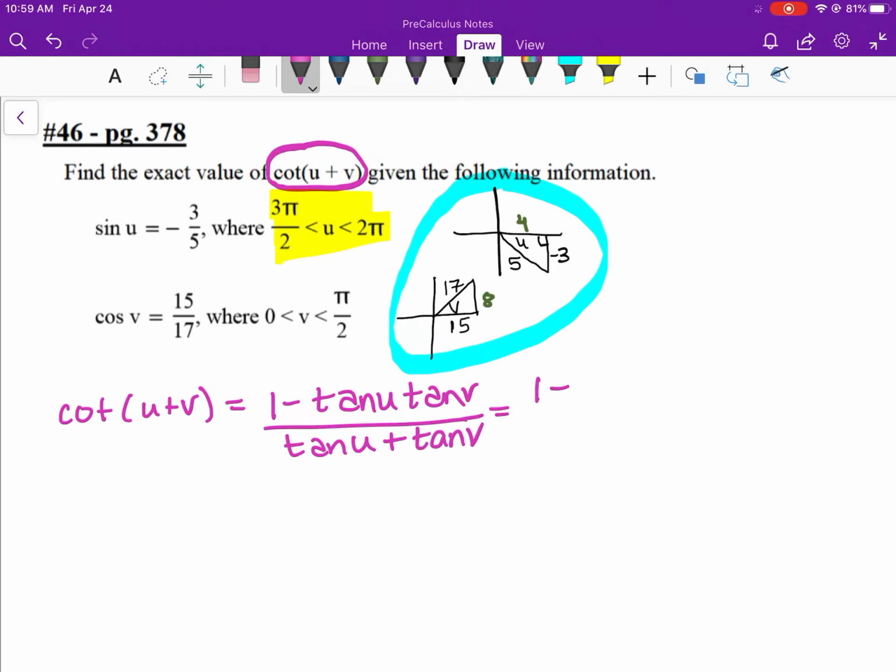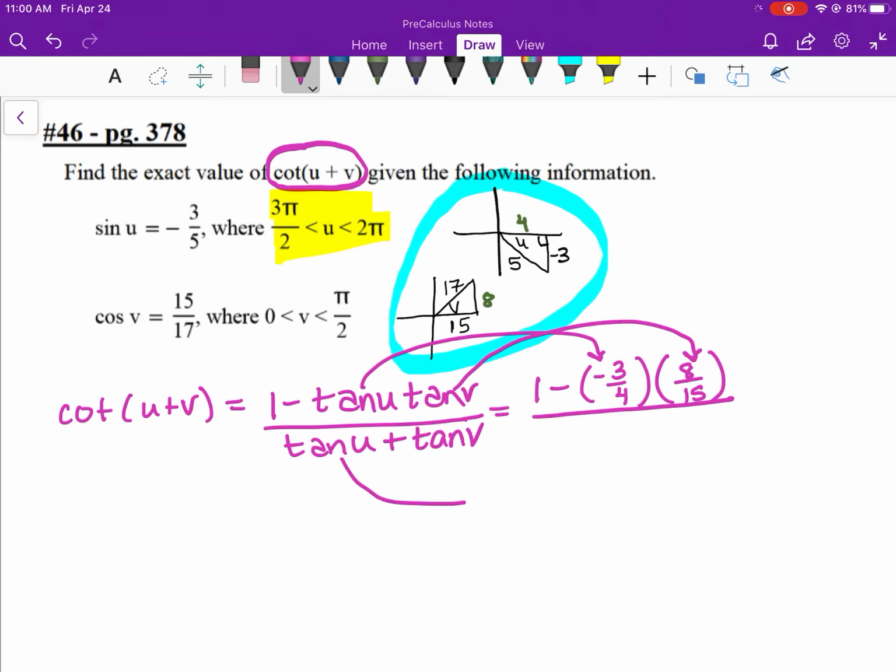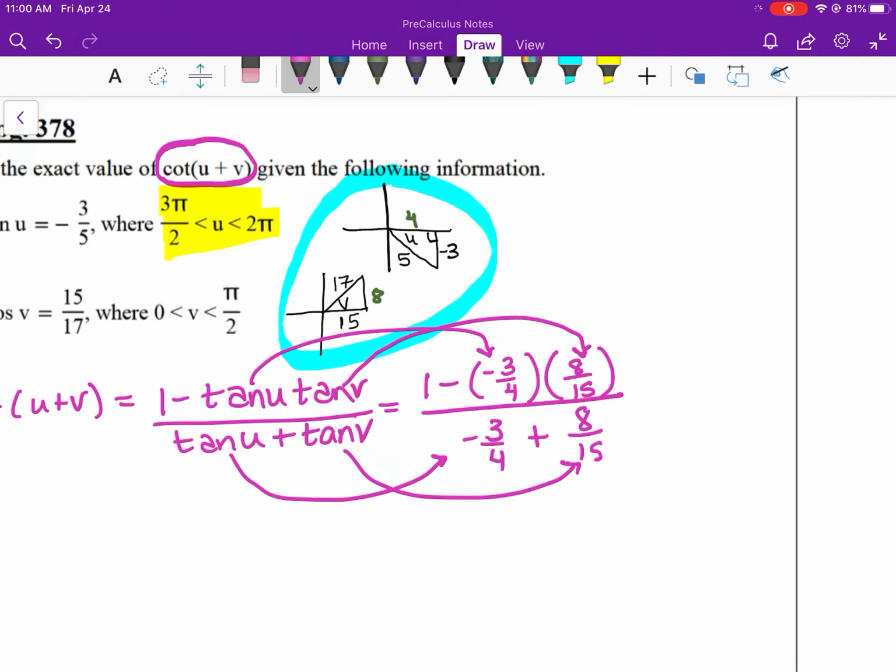Then I'm going to go in, and it says plug in the tangent of angle U. So I go over here, and the tangent of angle U is negative 3/4. And then it says to plug in, so that's that piece. I need the tangent of V, so that's 8 over 15. And then I need the tangent of U again, plus the tangent of V. You can use your calculator if you want, I don't care.